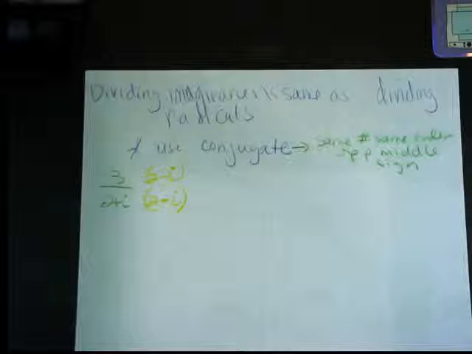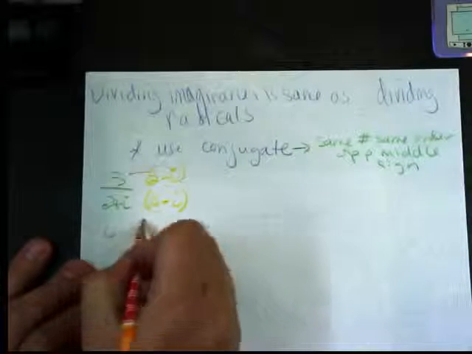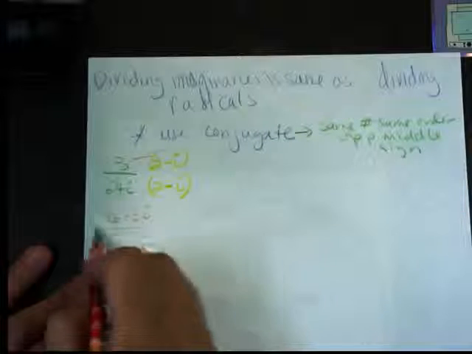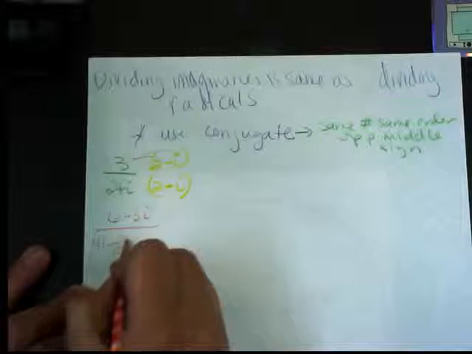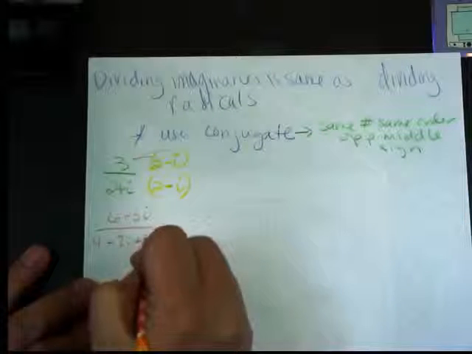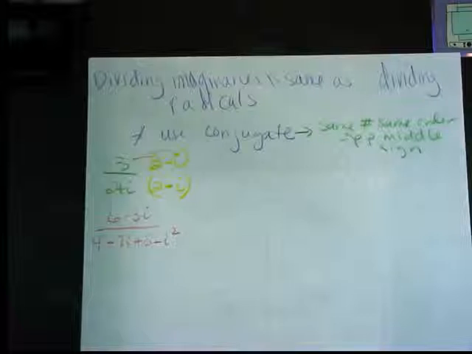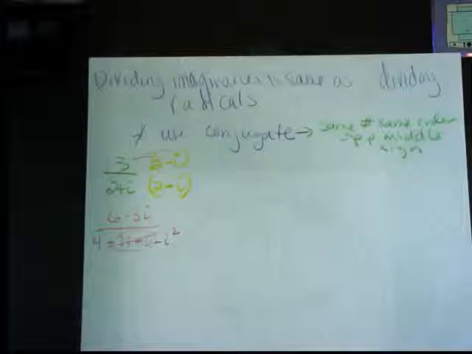When I multiply 3 times those, I'm going to get 6 minus 3i. And when I multiply the bottom, 2 times 2 is 4, minus 2i, plus 2i, minus i squared. Whenever you multiply by a conjugate, the middles will always cancel out.